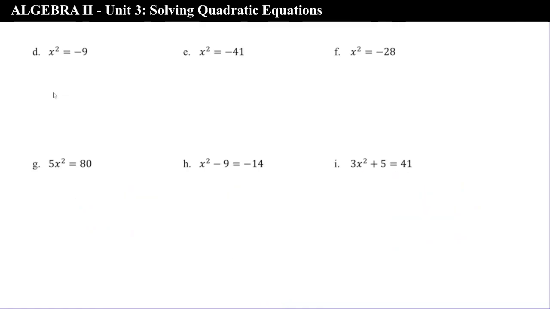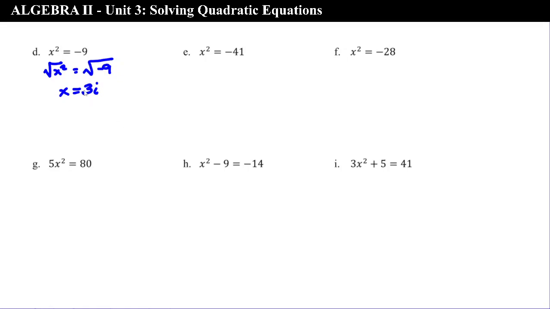All right, let's do a few more of these. The square root of x squared equals the square root of -9. Well, we know the square root of x squared is x. For the square root of -9, we know the square root of 9 is 3, and then we have the negative in there. And remember, when you take the square root of a negative number, you're going to be pulling an i out. So we have an imaginary solution.